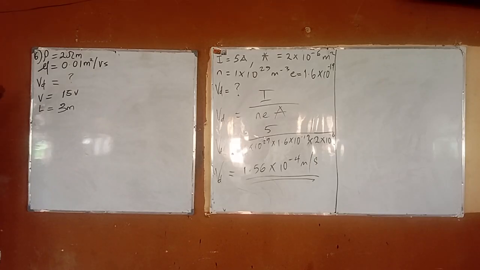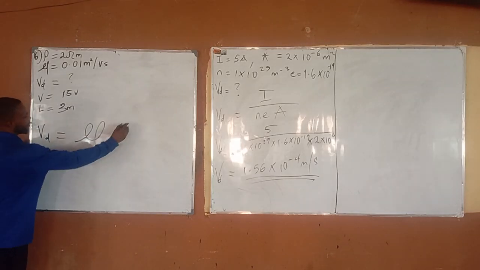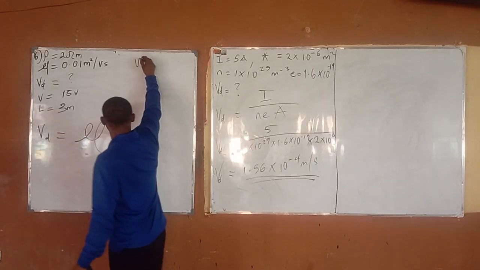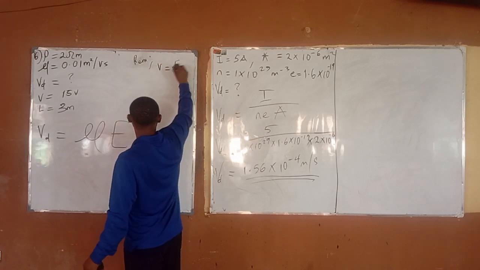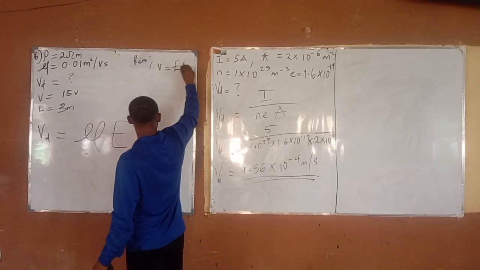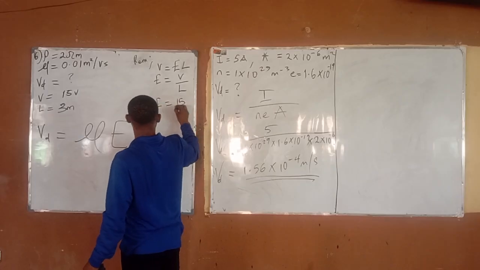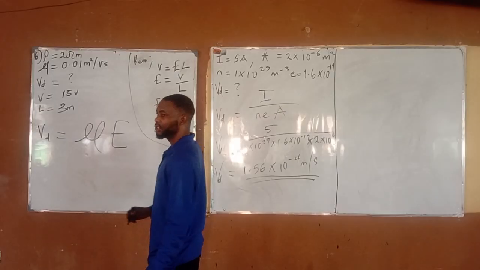For the fact that there is no current, I will simply use the one that involves electric field, which is VD equals electron mobility times E. So my business now is to use this voltage to find E. Remember, V equals E times R. But when you're talking about a wire, you are not talking about the radius, you are talking about the length. So E will simply equal V over L. E equals 15 over the length, which is 3. So E equals 5.